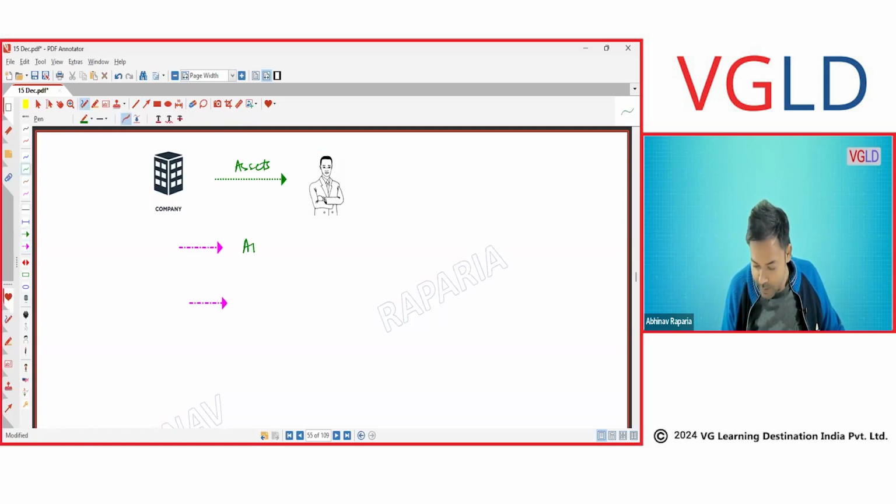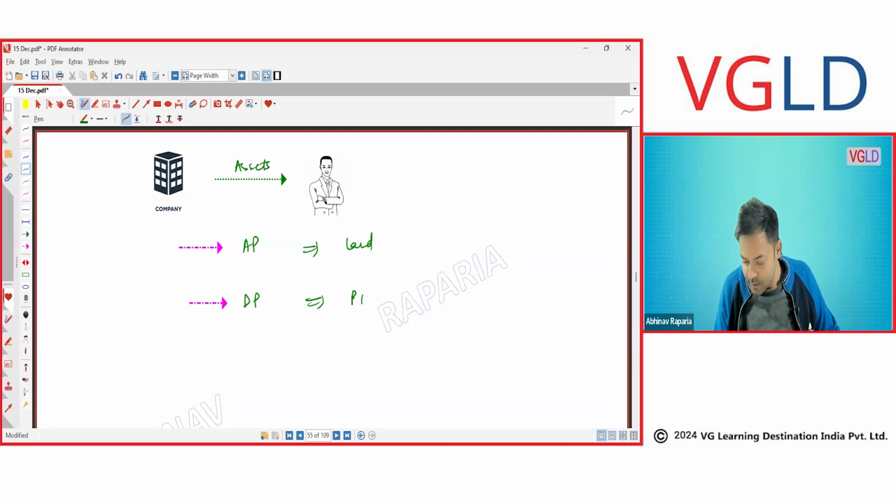AP, DP. AP means appreciated property. DP means depreciated property. AP means land. Correct. DP means plant and machinery, on which I will charge the depreciation.